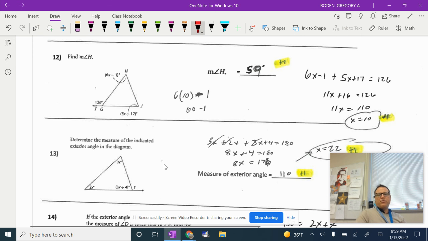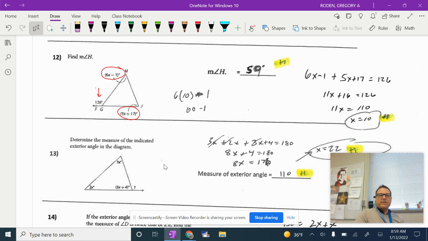All right, the next one was a 2-pointer. So the first thing, before you can do this problem right here, ladies and gentlemen, you just have to find x. To figure out number 12, you have to find x. So remember the two remote interiors always equal the exterior.